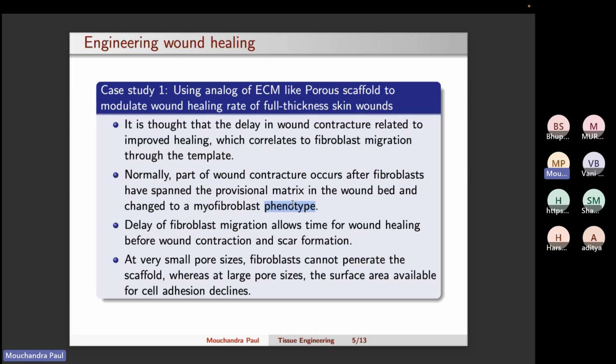This delay is helping us because first, the inflammation process that is going on will get more time to get completed. The normal fibroblast cells will be able to cover that area very well, and also get more time to synthesize the ECM that is going to form the granulation tissue and all, before the contracture by myofibroblasts happens.